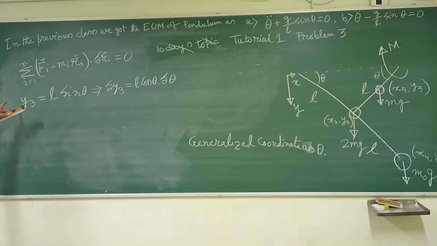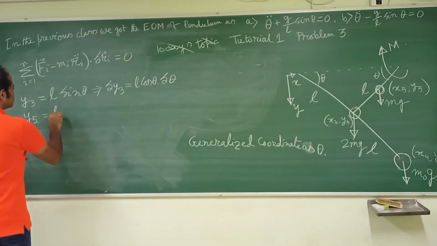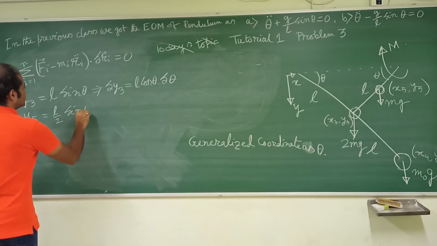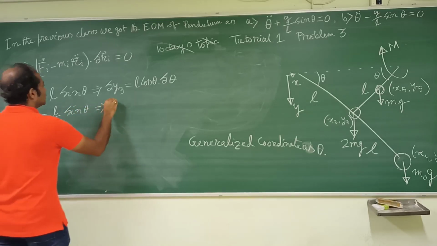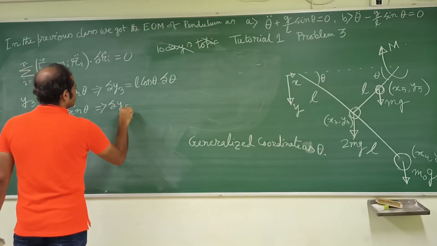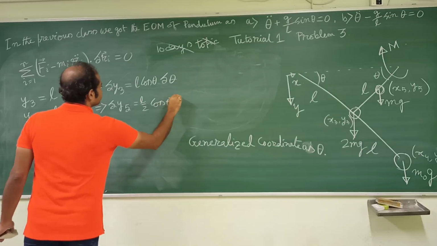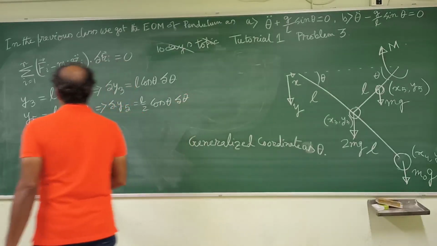Next, this is for the mass twice m. Next, we are going to go for the mass m, y5. y5 is equal to L by 2 sin theta, which leads to del y5 is equal to L by 2 cos theta delta theta.